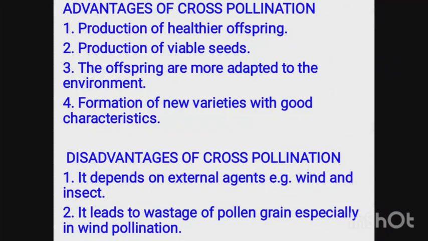Let's look at the advantages of cross-pollination. For cross-pollination, we have so many advantages. Number one, it always produces healthier offspring. Number two, the seeds are viable, which means they can germinate in any kind of condition.